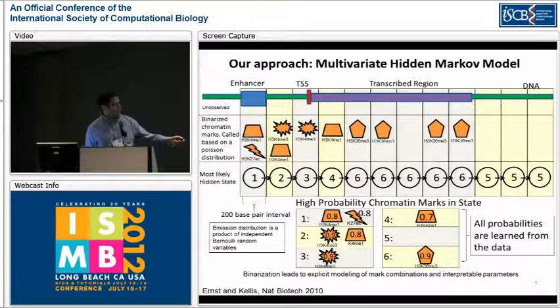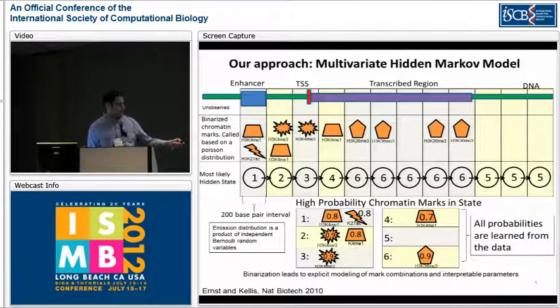And then at each location in the genome, we observe a certain set of histone modifications. We binarize the data to call a presence or absence of the histone modification. And then we modeled the emission distribution of the HMM as a product of independent Bernoulli random variables, which gives the probability of observing some specific combination of histone modifications at some location in the genome. And using the HMM also gives you spatial information.